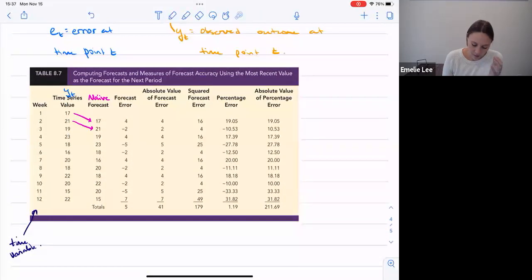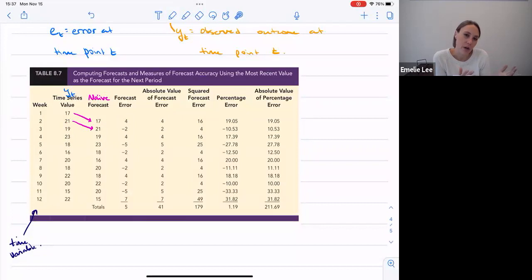So from here we can see that what actually happened in week 2 was we saw 21. That's the sales in thousands, but let's just say 21. And what I predicted was 17. So of course I have some forecast error here, an error of 4.